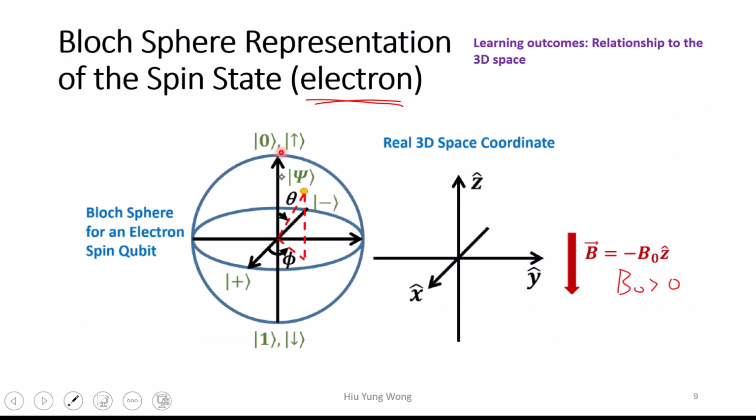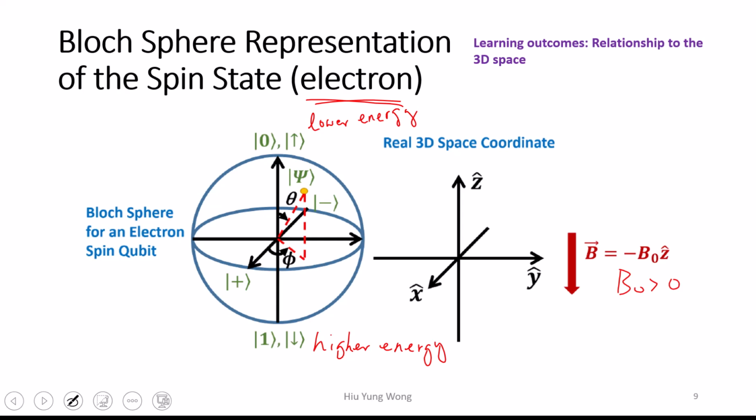So as a result, here in this setup, spin up, which I call the ground state, will have a lower energy. Spin down, which is the excited state, has a higher energy. This is just a convention.